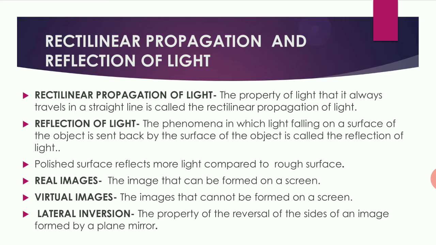So that is lateral inversion, the reversal of the side of an image formed by the plane mirror. So whenever you see an ambulance, you will see the word ambulance written in reverse, so that the people who are driving can read the word correctly and give way to it.